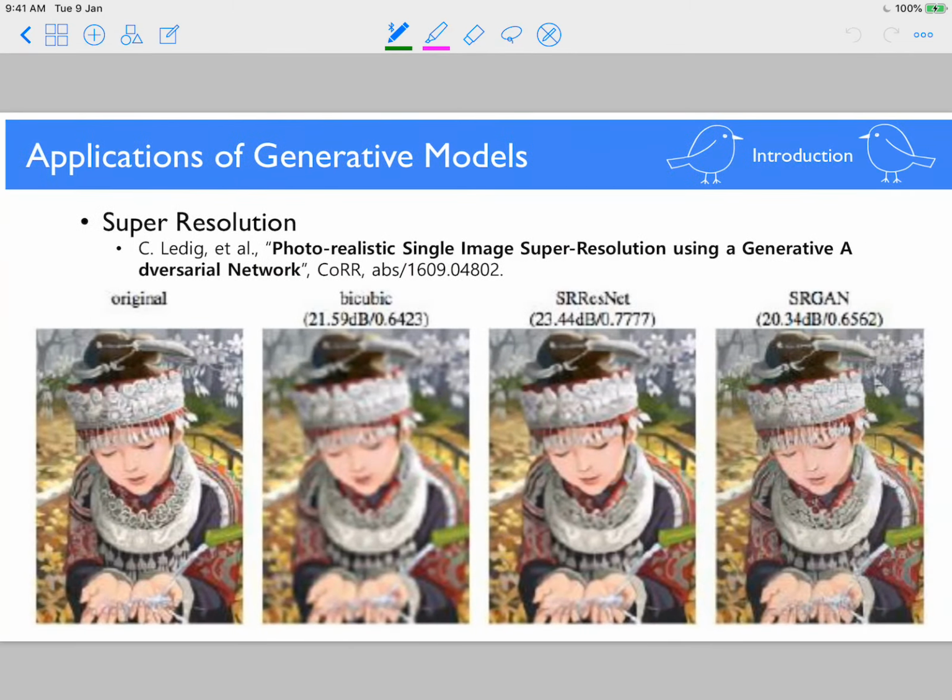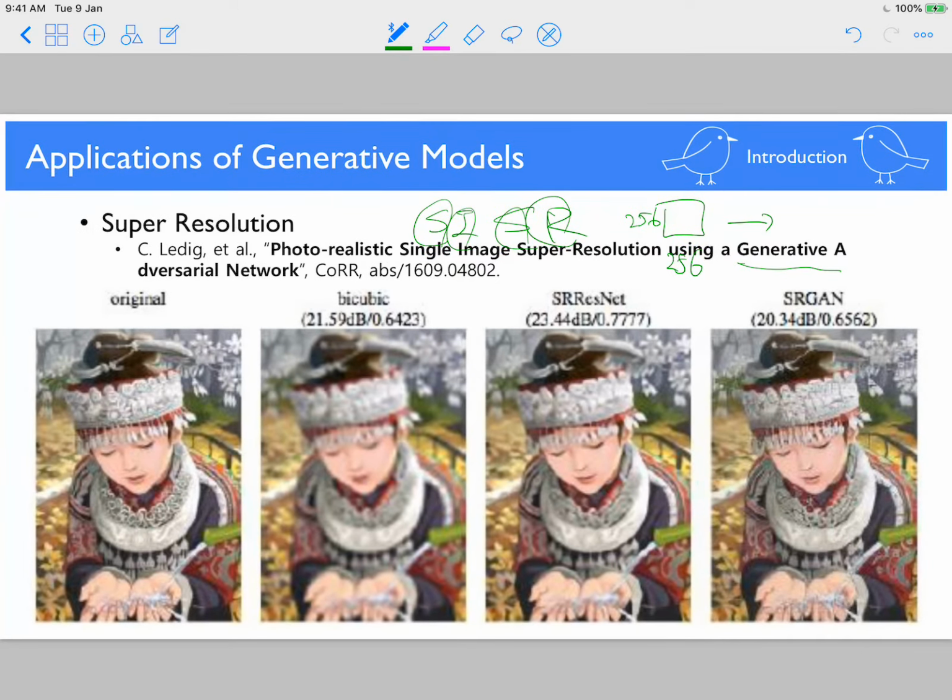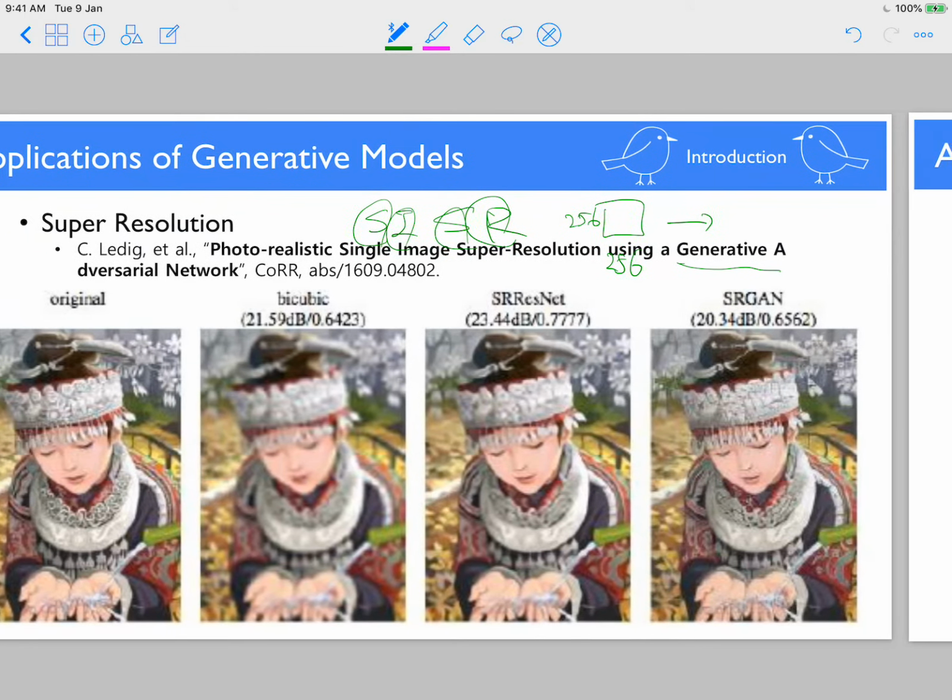It can also be used for super resolution, sometimes called SISR, single image super resolution, using a generative model. If we have small images like 256 by 256, we can make the resolution bigger while maintaining the realistic quality of our image. That is one of the representative applications of generative models.